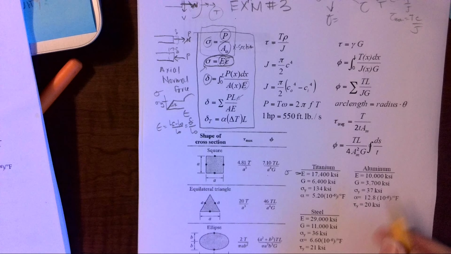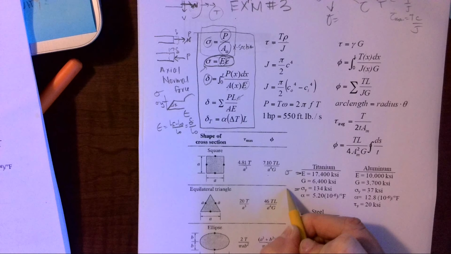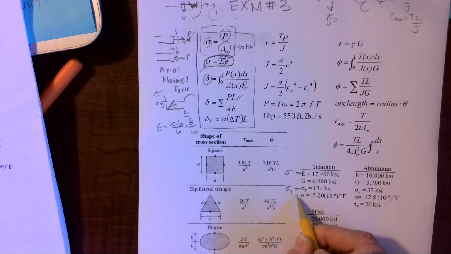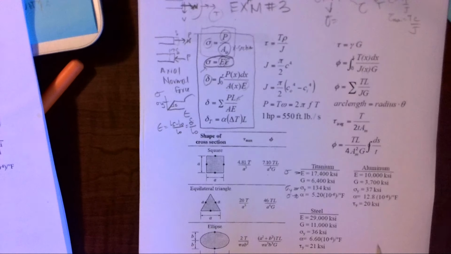This is the yield stress. That is where I go out of the elastic region into yielding. This is also related to normal stress because it's our coefficient of thermal expansion, and it will cause a change in length just like a load will.